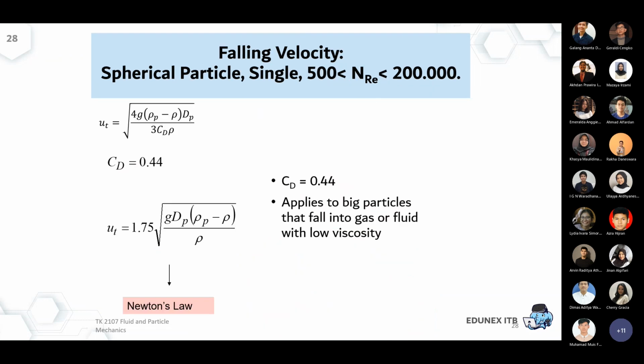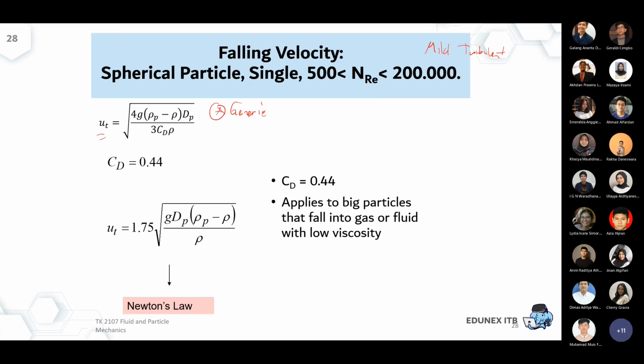Okay, let me continue. This is the mild turbulent regime. Again, this is coming from the generic terminal velocity correlation. If you want to start with the generic correlation, that's applied anywhere in the regimes, so it's okay.